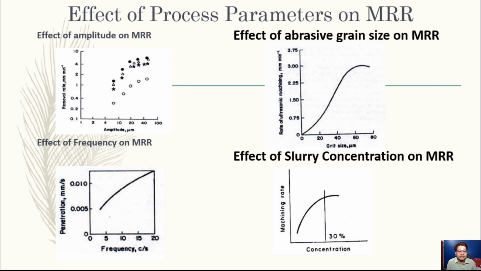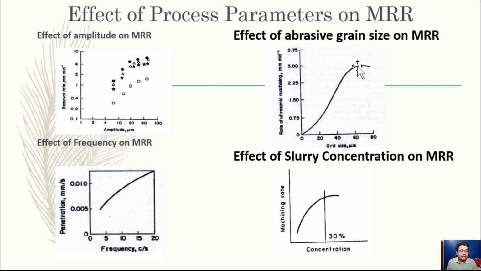Now, the effect of abrasive grain size on the machining system. I misunderstood it with the effect of frequency on MRR. The MRR will increase with the increase in grit size, as the impact will be higher with increase in grit size.